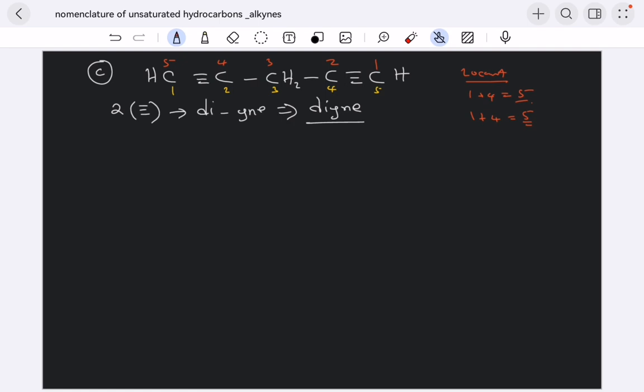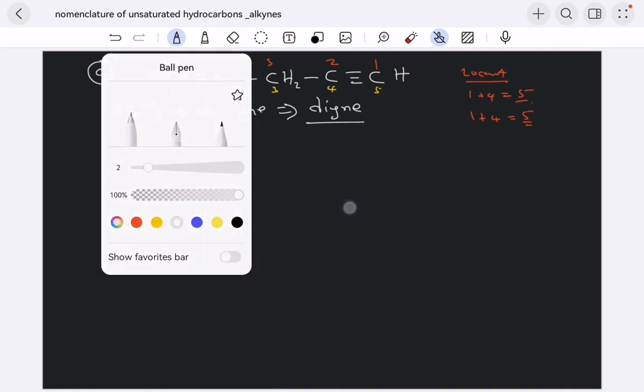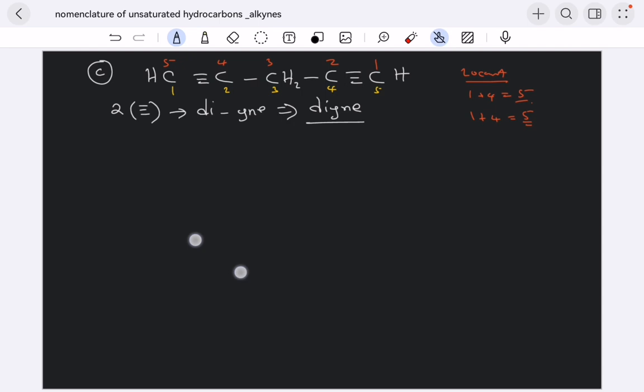So whichever direction you use to count, you still get the same answer. So how do we name this particular compound? This one becomes a bit more interesting. First you state the position of the 2 triple bonds. So I say position number 1, comma position number 4. I have triple bonds, so there is that recognition that I have 2 triple bonds at those particular positions.